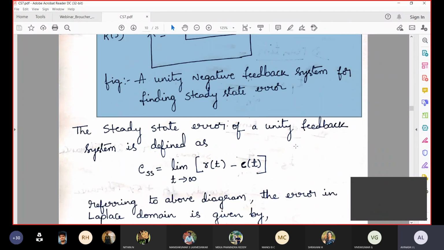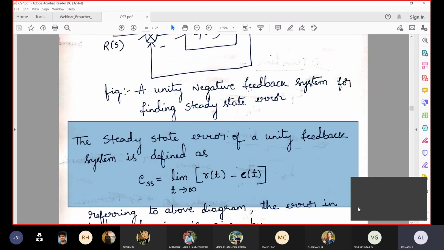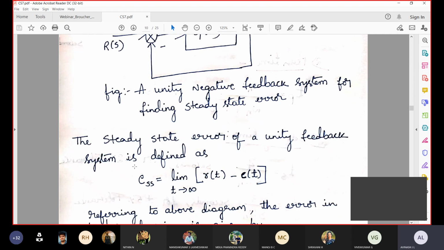Now we will write one particular statement: the steady state error of a unity feedback system is defined as, okay, ESS.